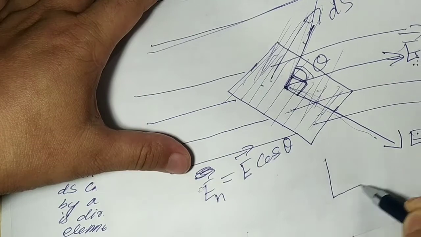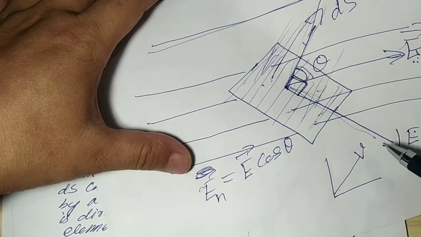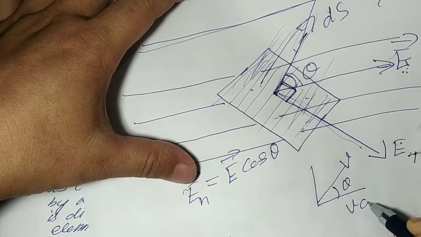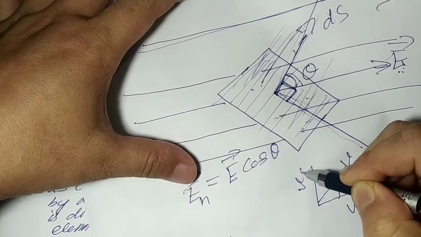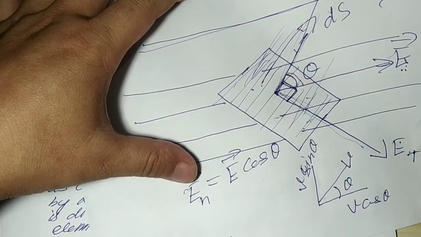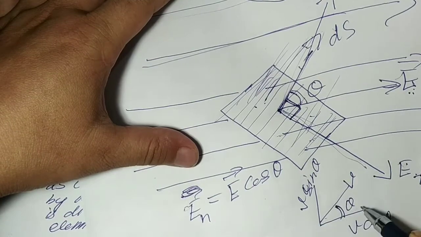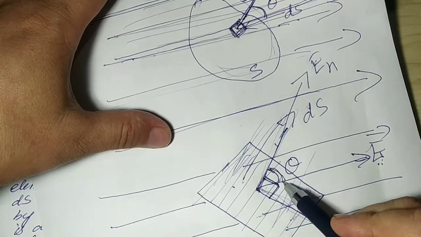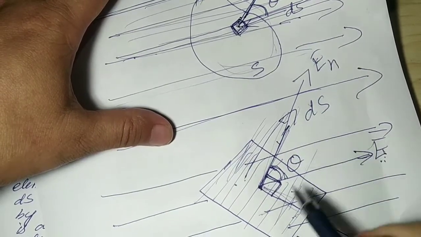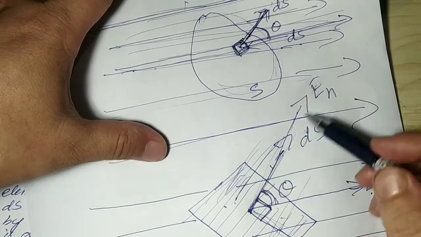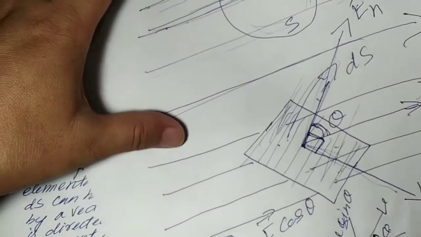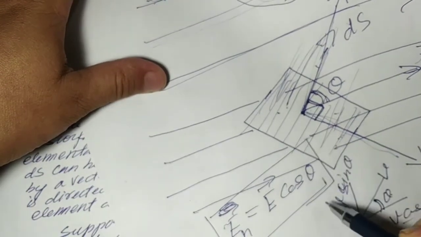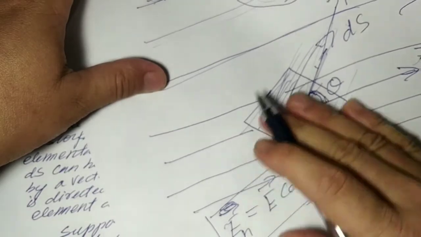See, if this is velocity, in class 11 you have done this: if this is theta, then this side is V cos theta and this side is V sin theta. So the theta side is always cos theta. Similarly here, this is the theta side, so this component should be E cos theta. So this is the electric field normal to the surface.